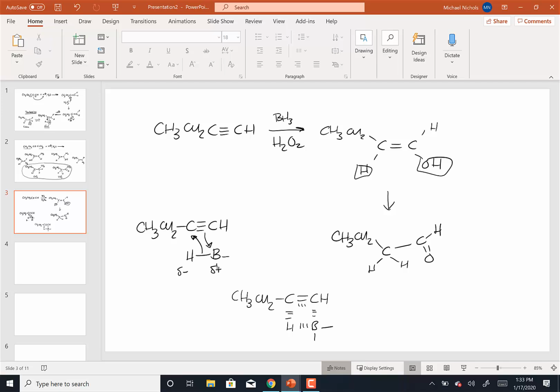Triangle transition state means trans. And the boron added to the end carbon because of, why was the boron forced to add at the end?